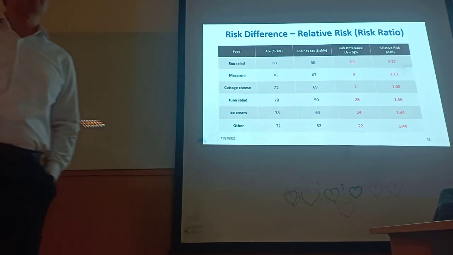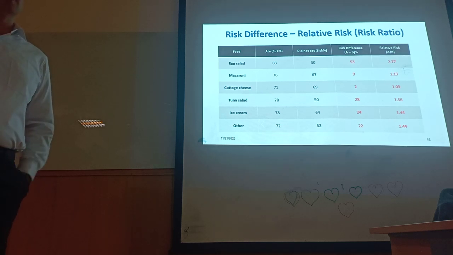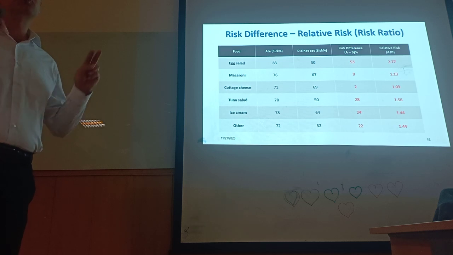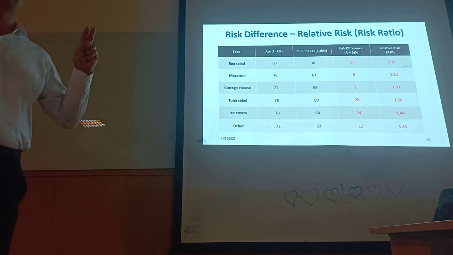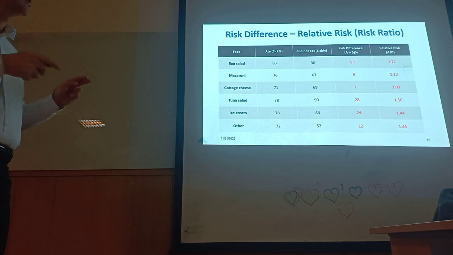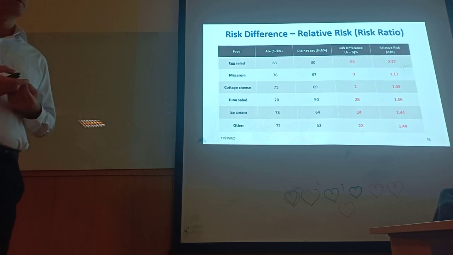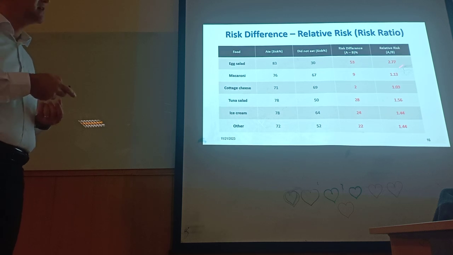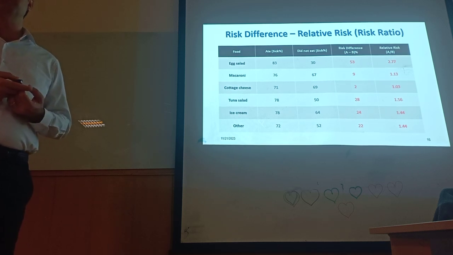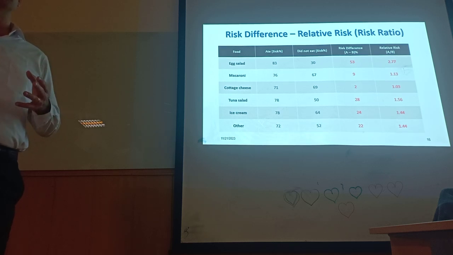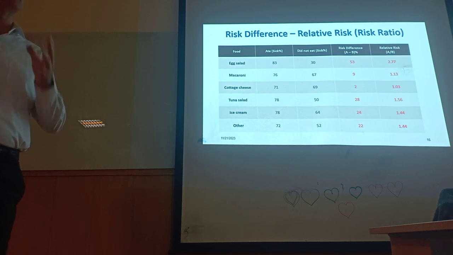It means that the absolute risk in those who ate is 2.77 times that of those who did not eat. It's simple. Those who ate that food item have 2.77 times the risk of getting sick.